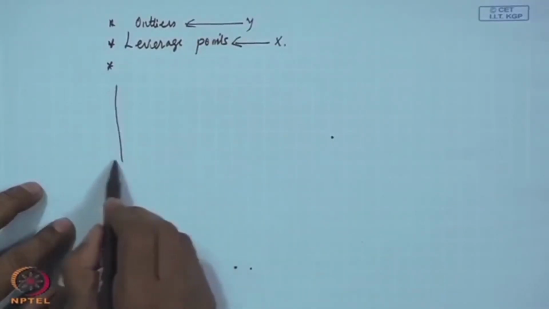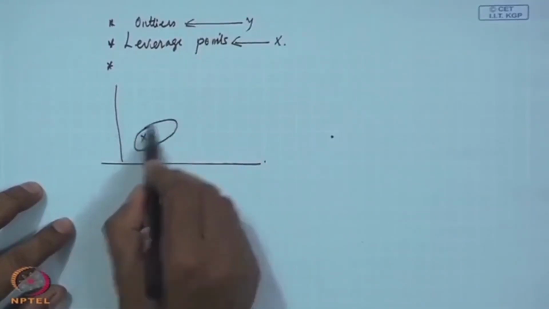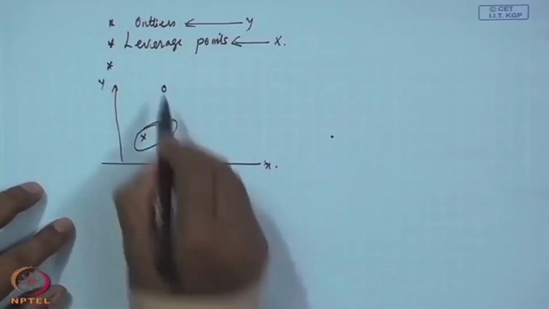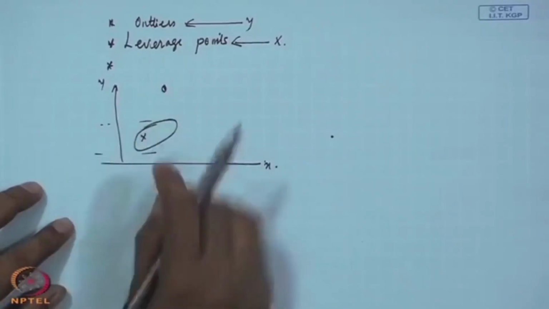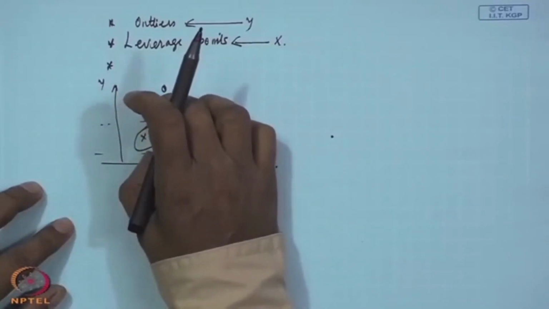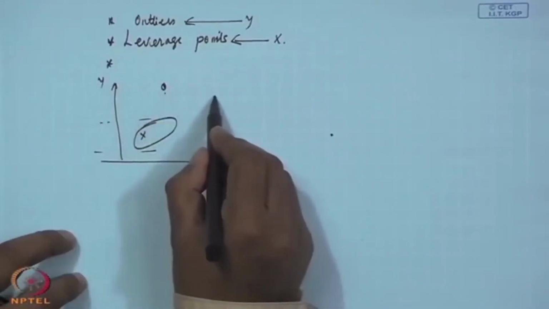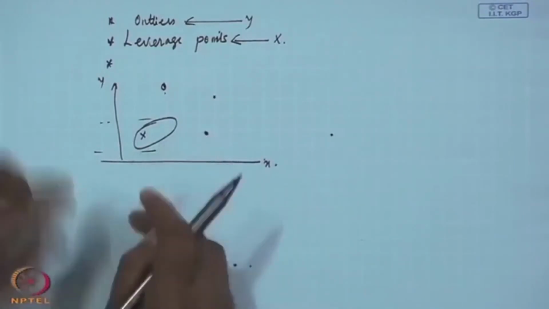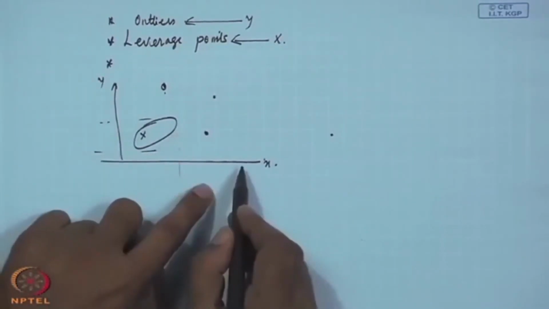We have given one explanation here. Suppose this is the general mass, here is one point, and this side is y, this side is x. This is an outlier because it does not belong within the variability zone of y. But suppose some point is here, this point is within y variability but much away from x variability.